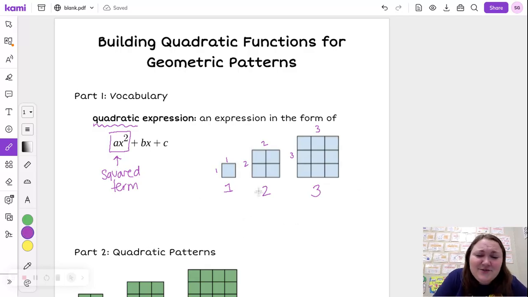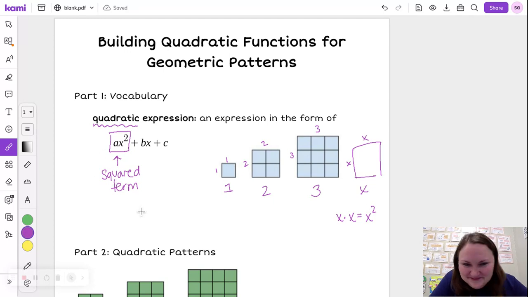If I asked you to represent this for step x, it would be a square that is x tall and x wide, and then our total number of squares, instead of 1 times 1, 1, 2 times 2, 4, 3 times 3, 9, would be x times x, or x squared, hence the squared term.